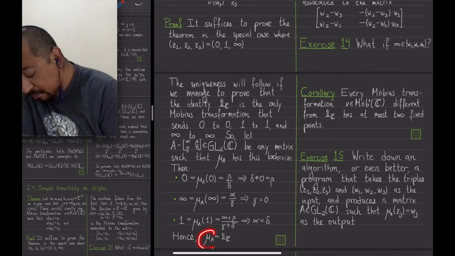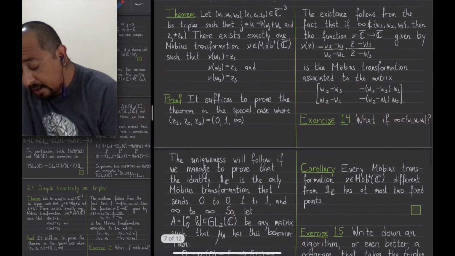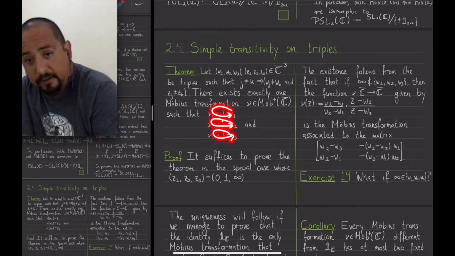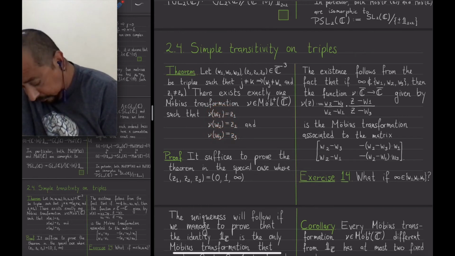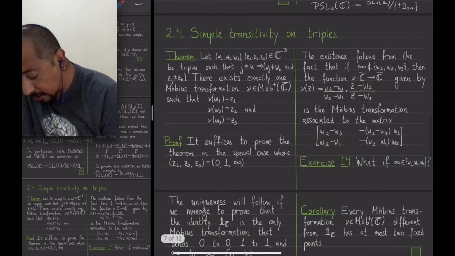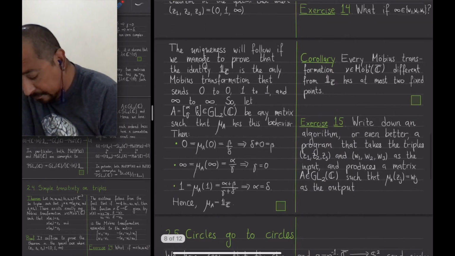This one is supposed to be the composition, let's say, of nu inverse with another Möbius transformation that also sends W1, W2, and W3 to 0, 1, infinity, respectively. Okay. So that's the summary. I would say quite elegant.